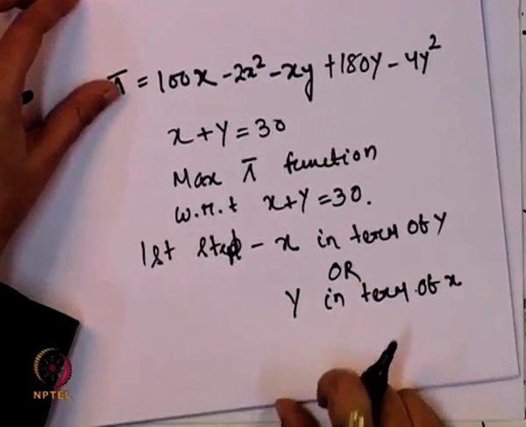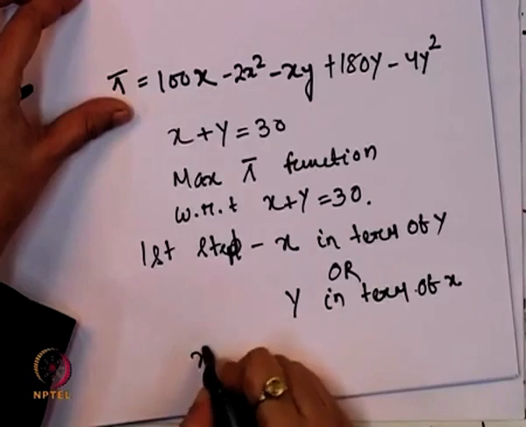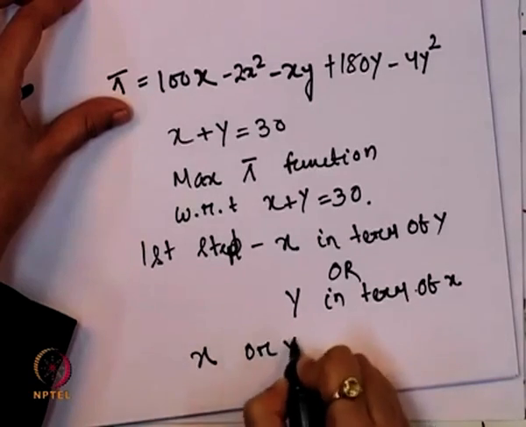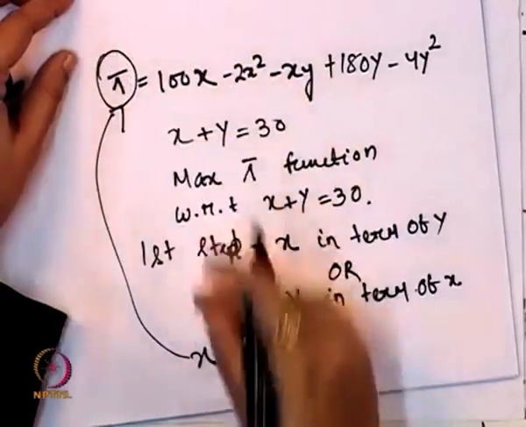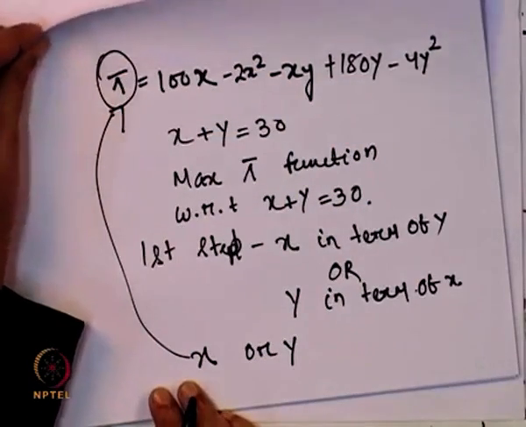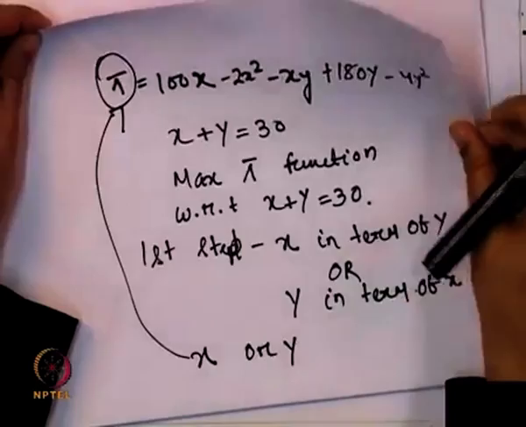After getting the value of x or y, we will substitute this value of x and y in the profit function. So now we will see, let us substitute the value of x and y before converting it into another form of the profit maximization problem.